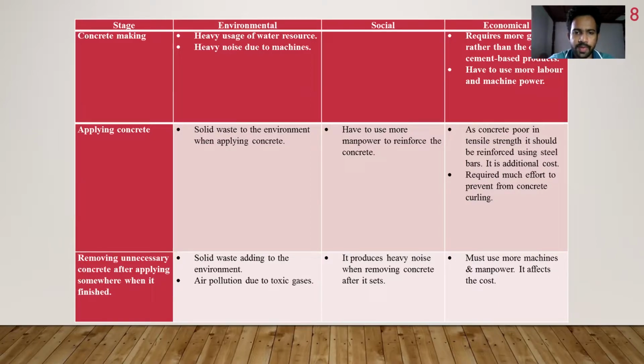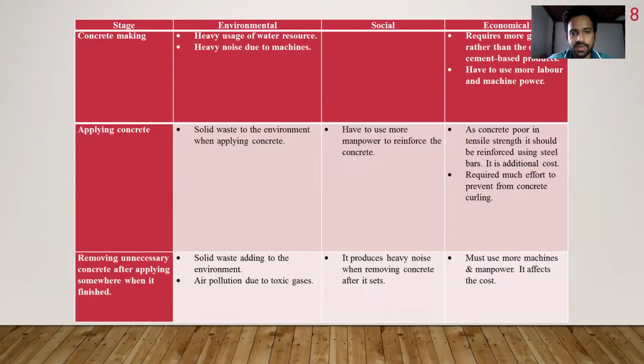In the process of applying concrete, there is considerable quantity wasted to the environment as solids. And because of the heavy weight of concrete and time required to cure, there should be more manpower to reinforce. As concrete is poor in tensile strength, it should be reinforced, generally by steel bars. Economically, it is a bad impact.